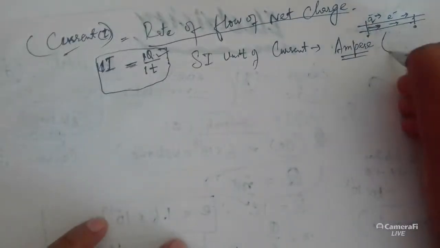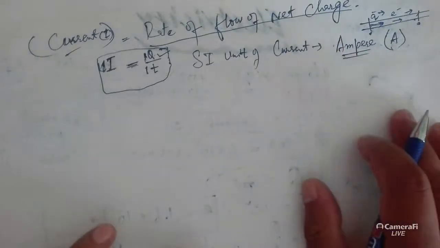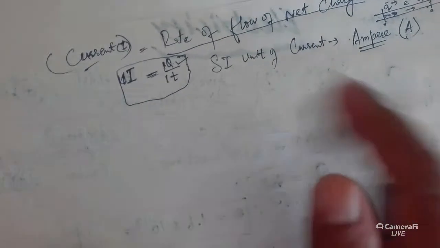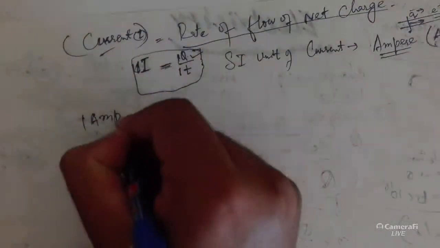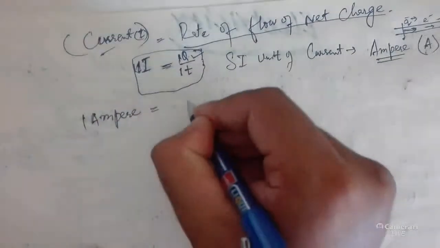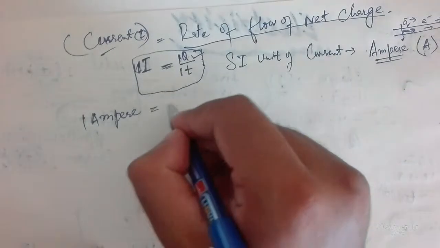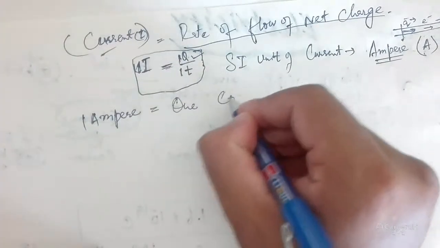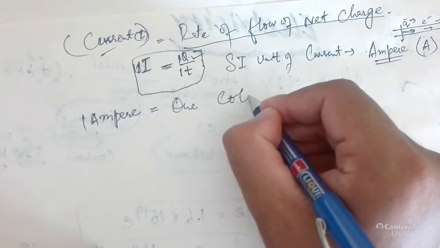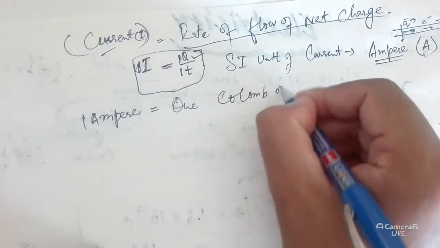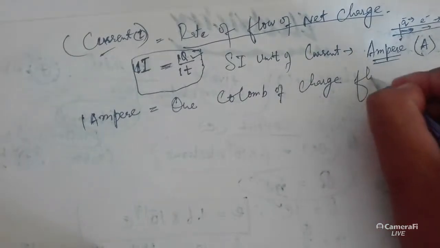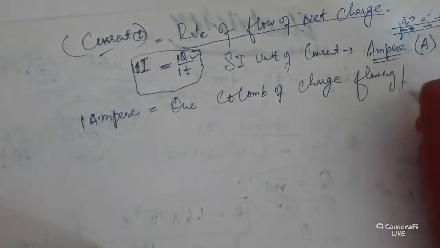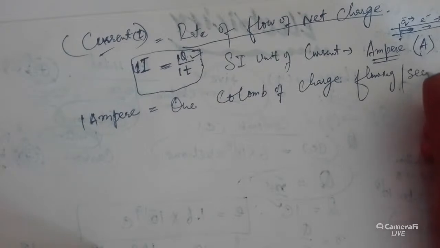And this ampere is denoted by capital A. Okay, now let us define what 1 ampere means. 1 ampere is defined as 1 coulomb of charge flowing per second.